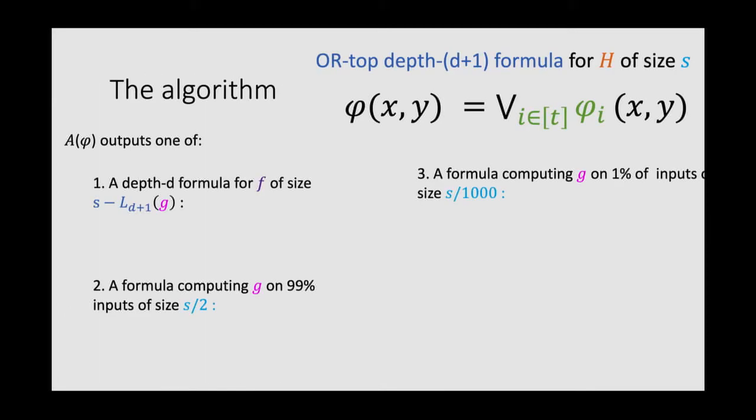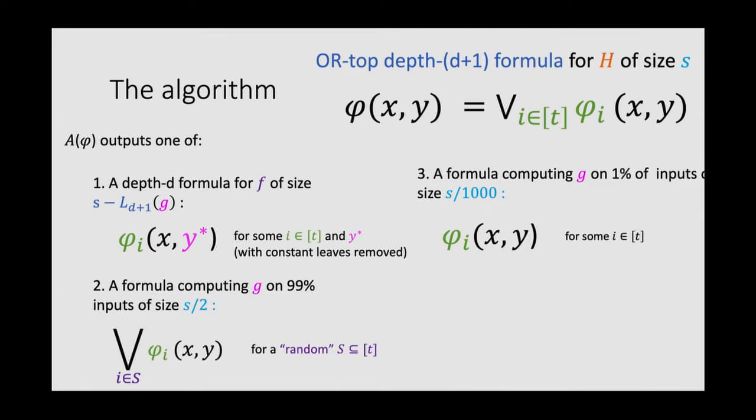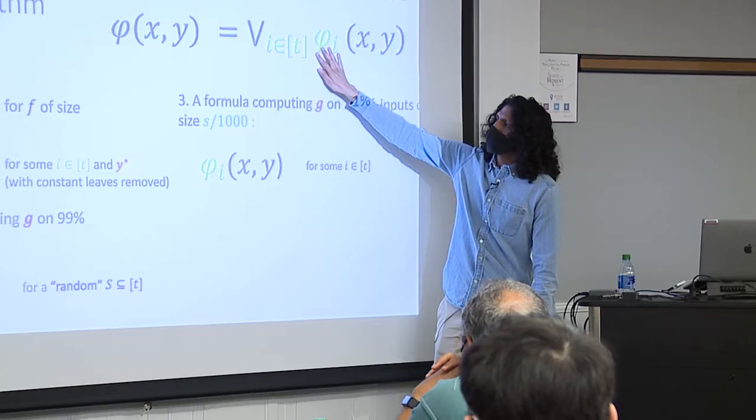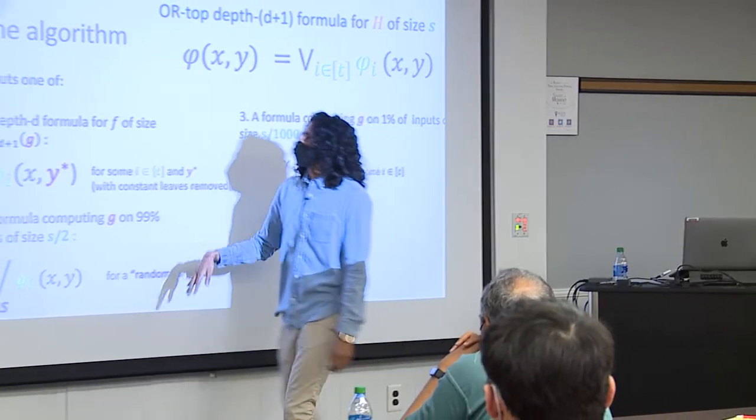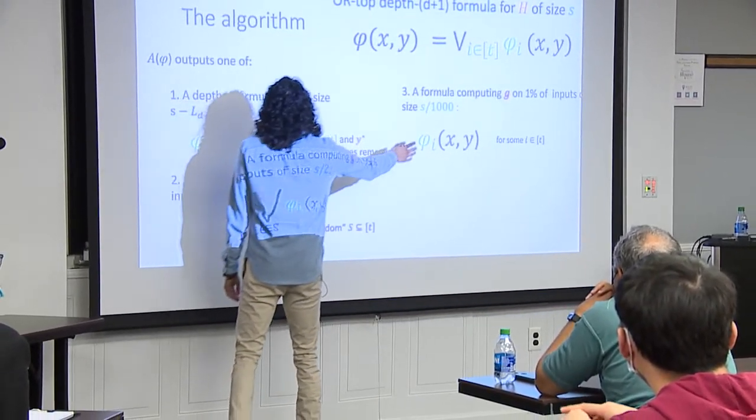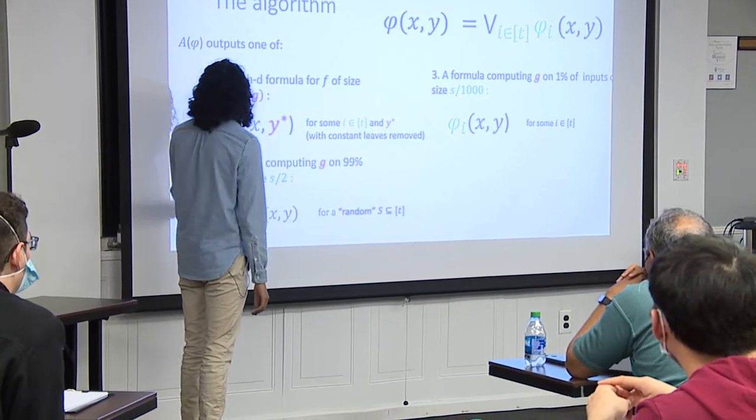If you want to know about this slide, you can ask me, and I'll go back to it. Somehow what it's doing is, you take phi, which has depth d plus 1, and break it up into its depth d subformulas, and then you output a few different things in various cases. I don't want to tell you all about all of them.